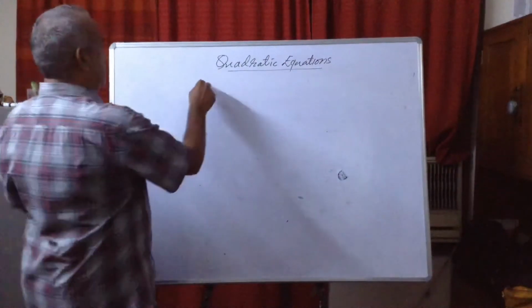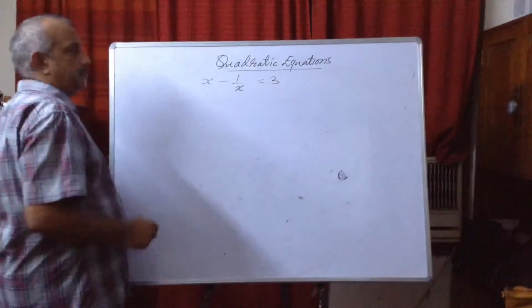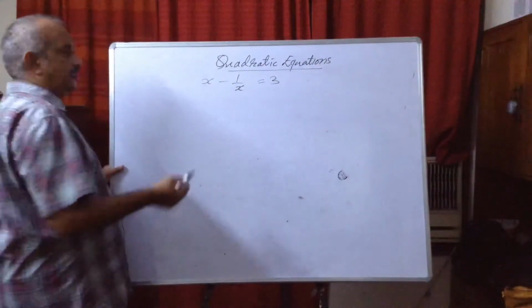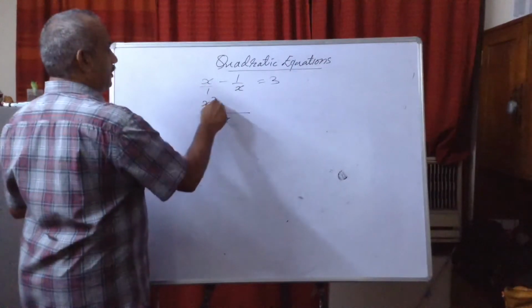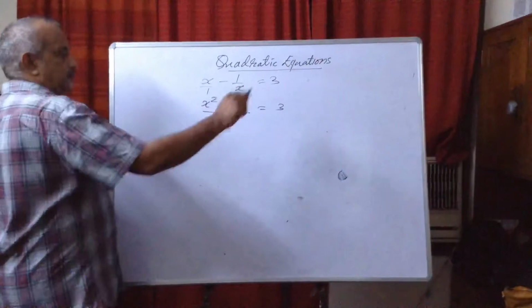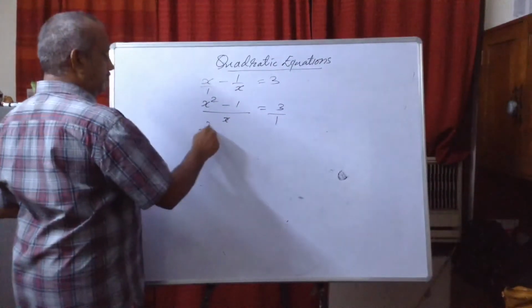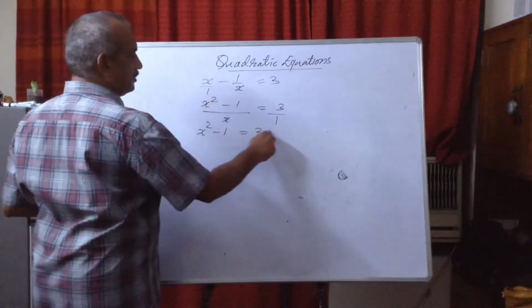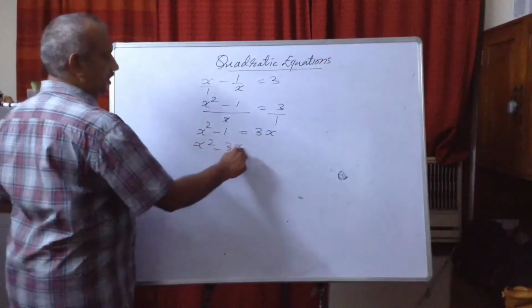Say x minus 1 by x is equal to 3. So first we'll remove the fraction. I'm writing x square minus 1 is equal to 3, then cross multiplying, so x square minus 1 is equal to 3x, or we get x square minus 3x minus 1 is equal to 0.